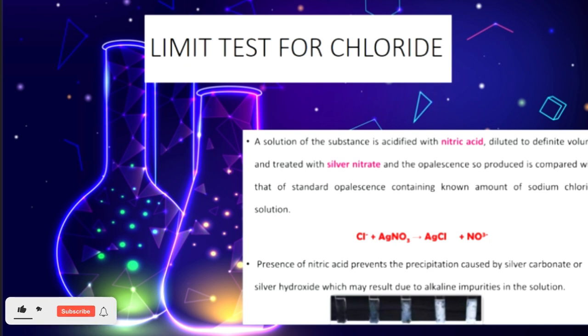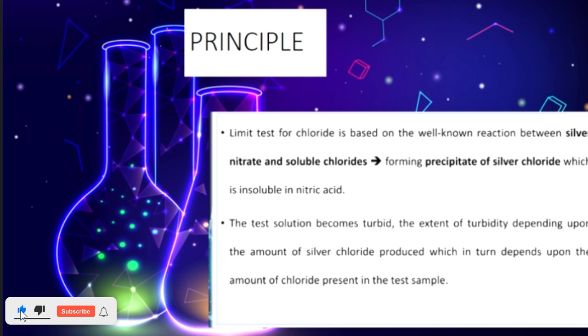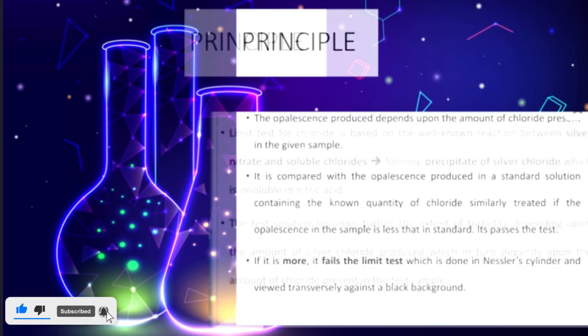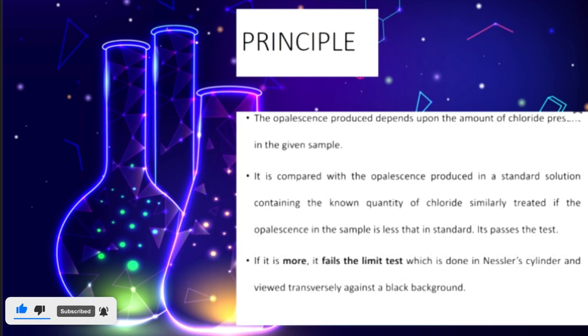So first we will learn about the procedure. We take two Nessler cylinders and label one as standard and one as test. For the test, we dissolve the substance as mentioned in the IP monograph and add 10 ml of distilled water.